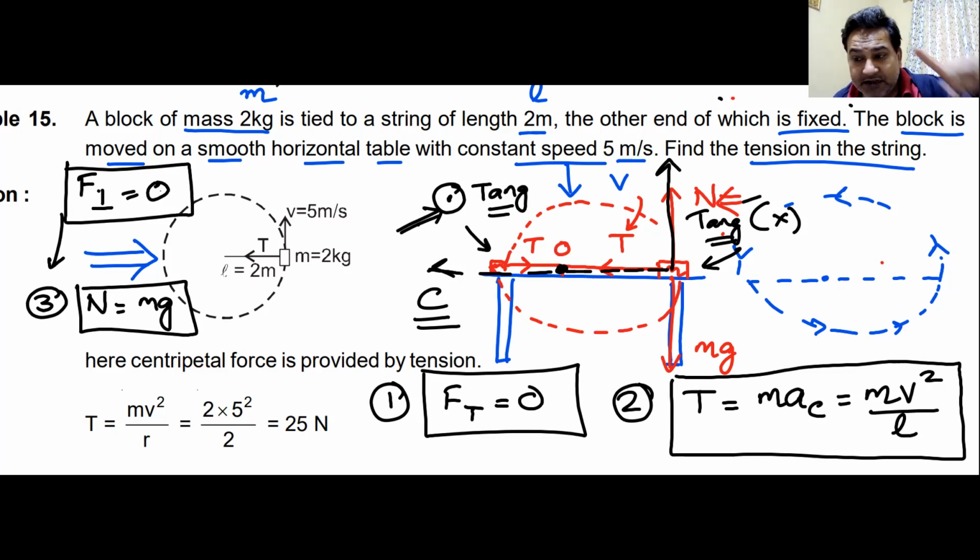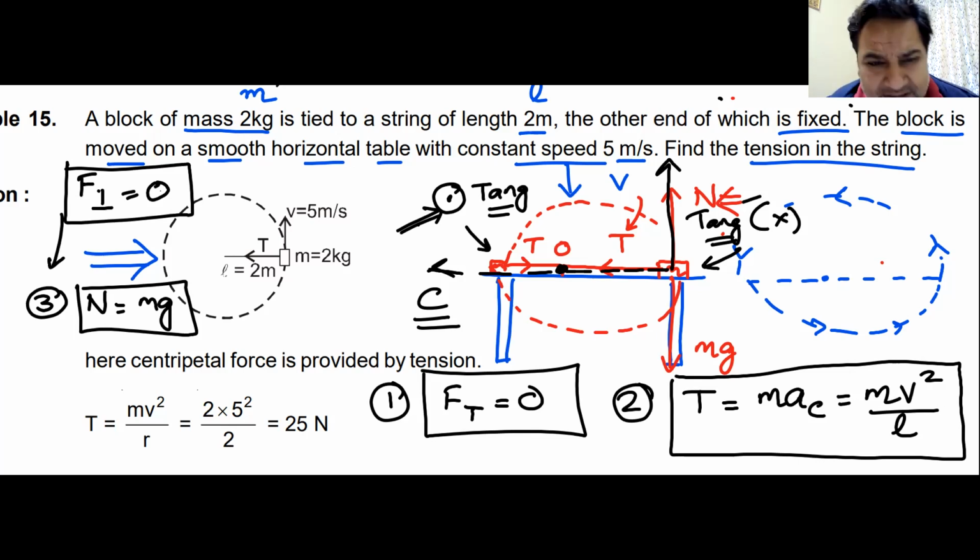Equation number 1 is force in the tangential direction. There is no force, so Ft is 0, no equations there. Equation number 2 is the equation in the centripetal or radial direction. Net force towards the center is T. That T must be equal to mv square by L. Equation number 3 is in the perpendicular direction.